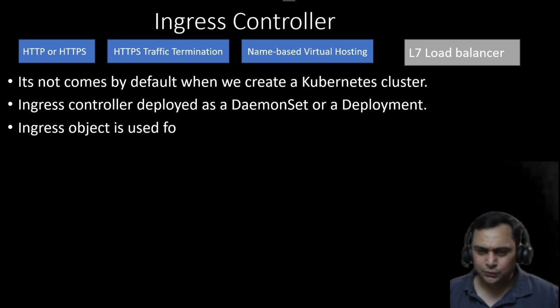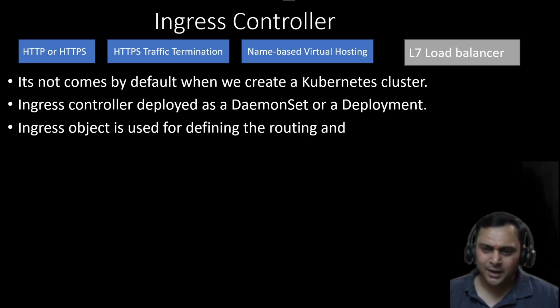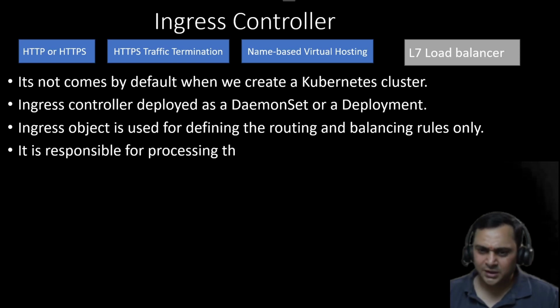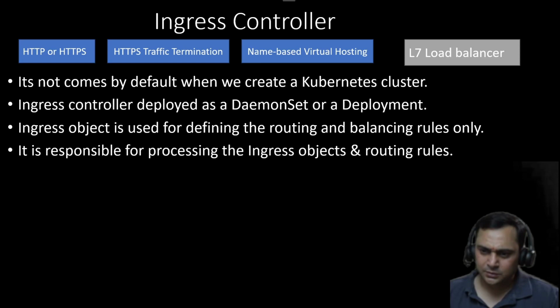The ingress object is used for defining the routing and balancing rules only, for example, which path should be routed to which Kubernetes services. It is responsible for processing the ingress objects which specifically want to use the ingress controller and dynamically configure real routing rules.